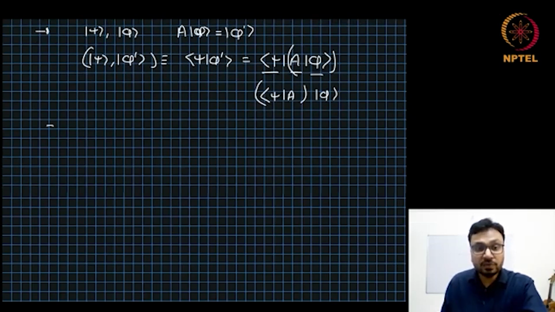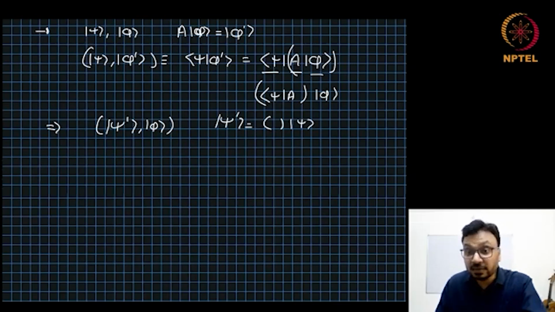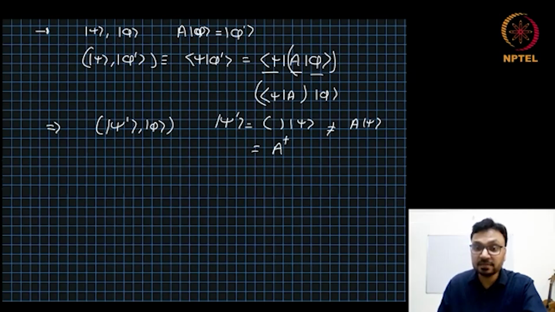So we can also write it as <psi'|phi>, where psi prime is something acting on psi. This is not equal to A psi, but we write this something as A dagger, which we call the Hermitian conjugate or adjoint, acting on psi.